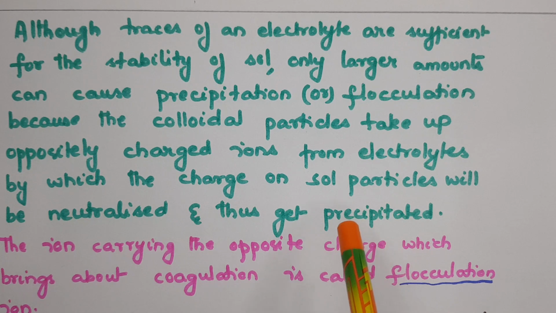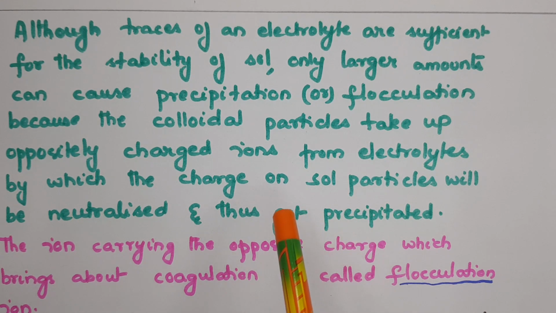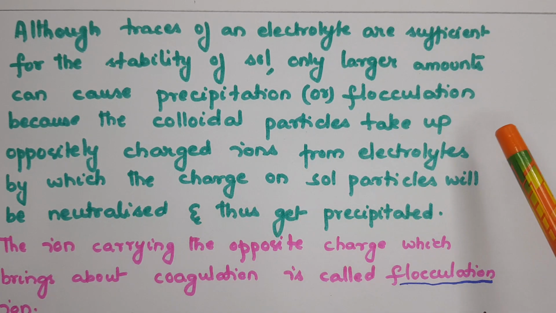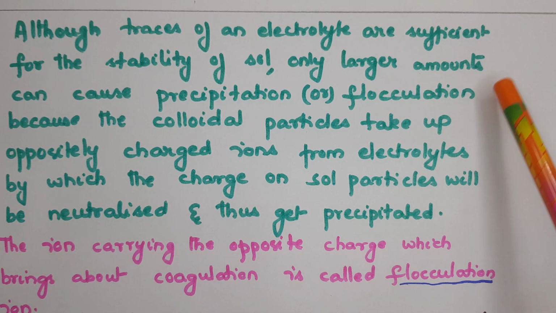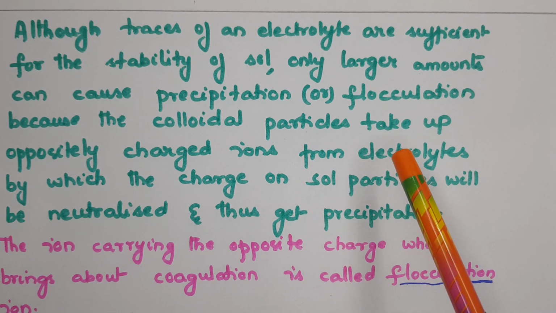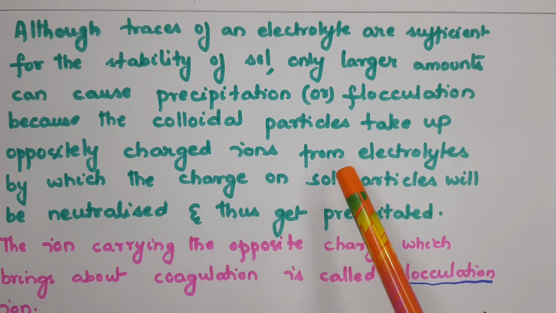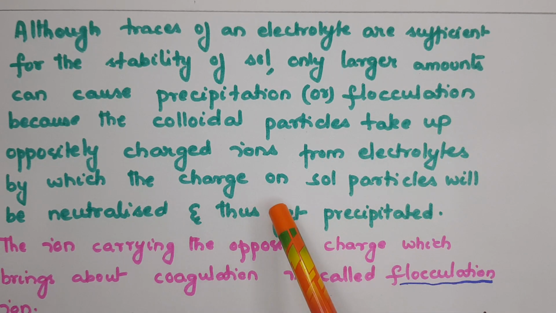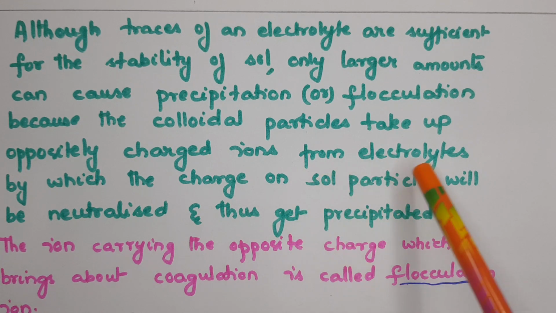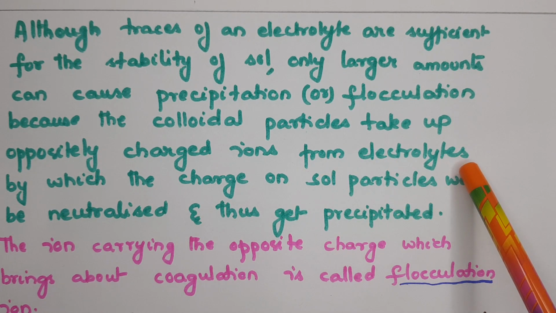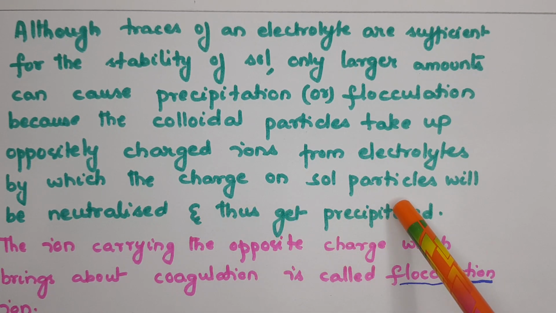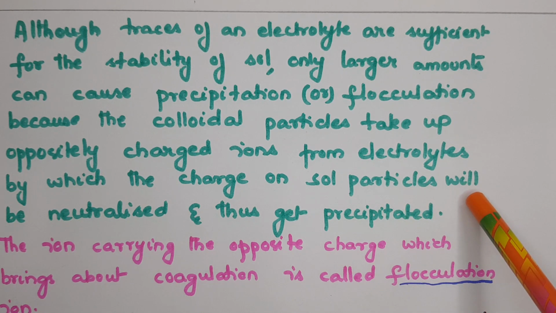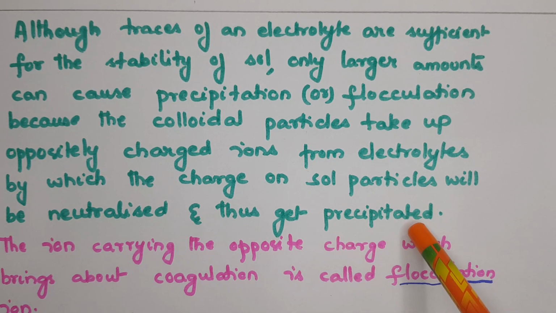Generally, if you add smaller amounts of electrolyte, the sol will be stabilized, but only a large amount causes precipitation.